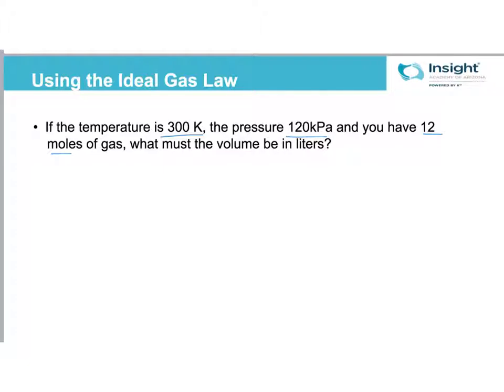So, Kelvin is temperature, kPa is pressure, moles is the n, and then what we have to solve for is volume, so that's our question mark. And again, especially if you see moles, that should automatically make you think, ideal gas law. So it's PV equals nRT.